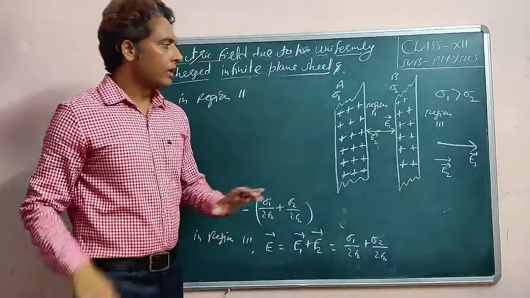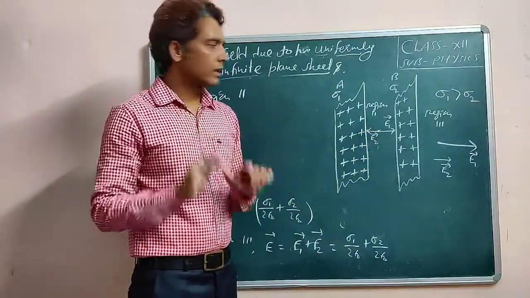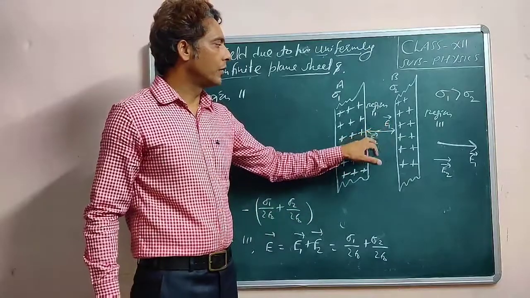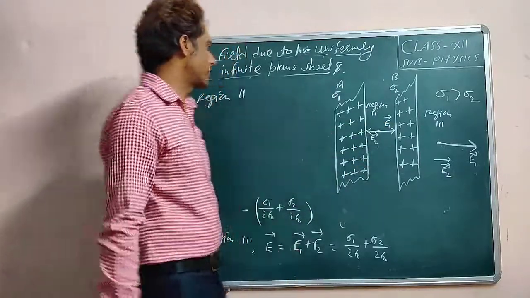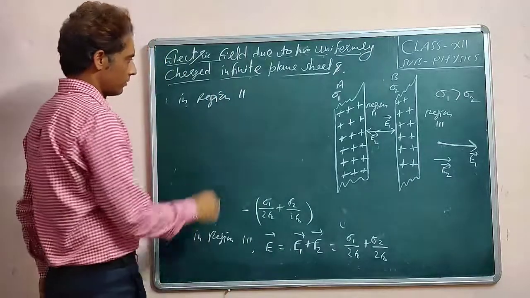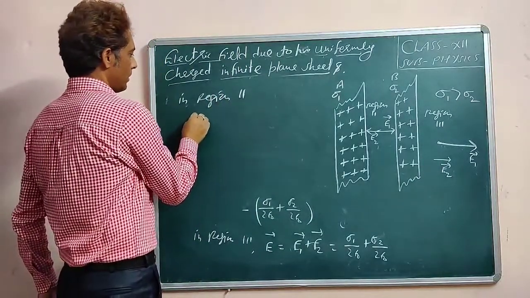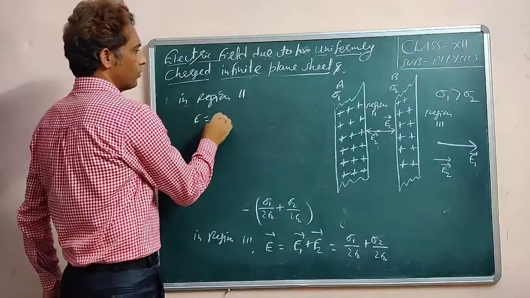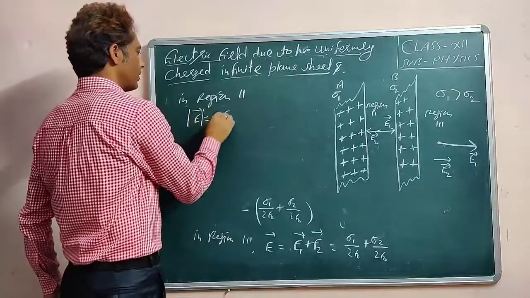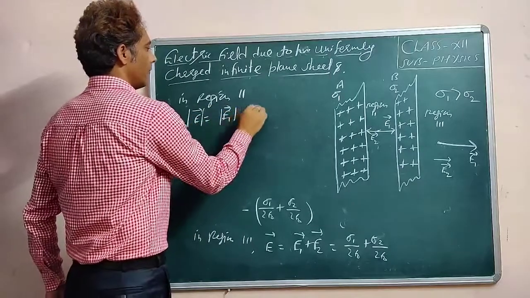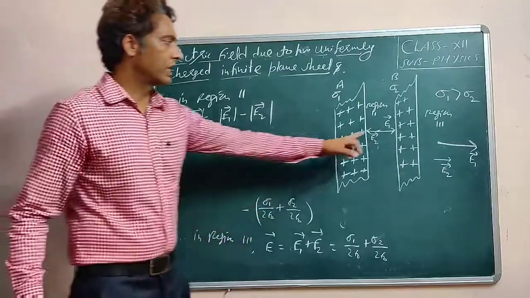So now if we take the vector sum, we have to subtract the electric field E2 from E1 in order to calculate the net electric field intensity. So in region 2, E will be equal to E1, or in magnitude form E1 minus E2, because they are in opposite direction.